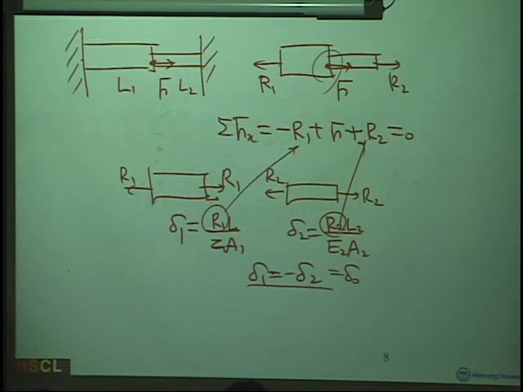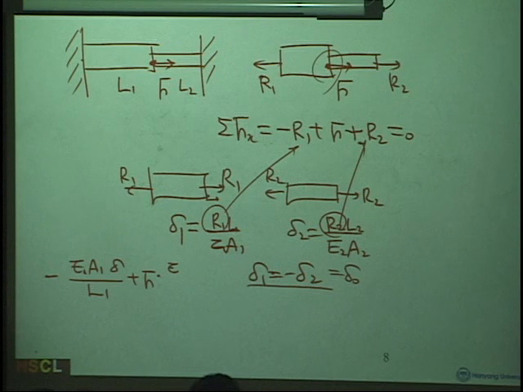Then what is that? E1 A1 delta divided by L1 minus, and plus R2 is this one, so E, and here we have a minus, right?